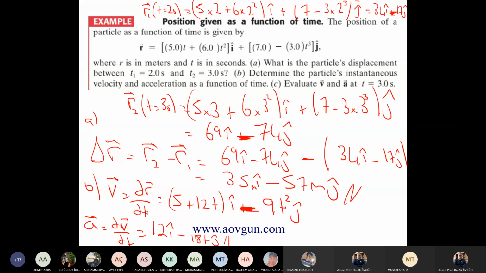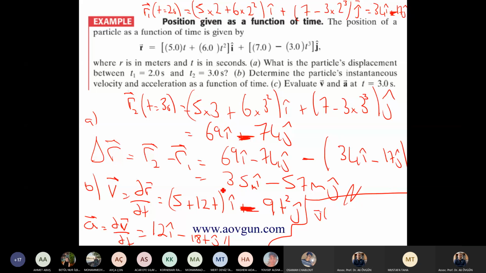After that, you must evaluate the velocity function or equation and the acceleration equation at t equal 3 seconds. So this is now easy, because you only put t equal 3 seconds inside the equations. Okay, let's put it inside.